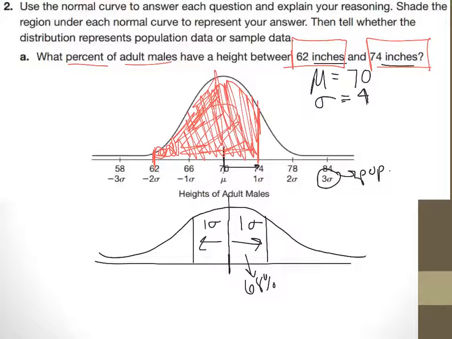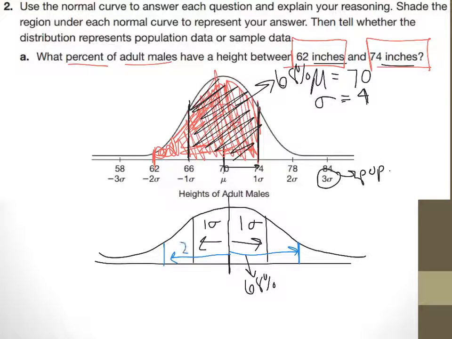So in here, this black area is already 68%. So all I need to find is this red area and add it to 68, and that would be my answer.